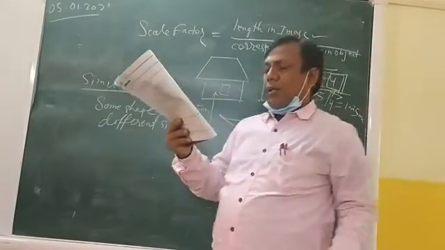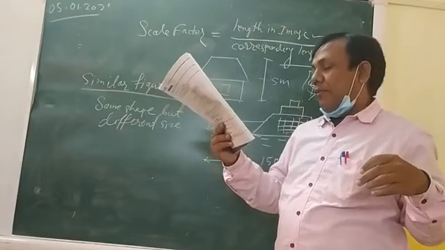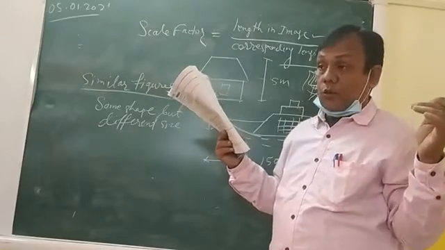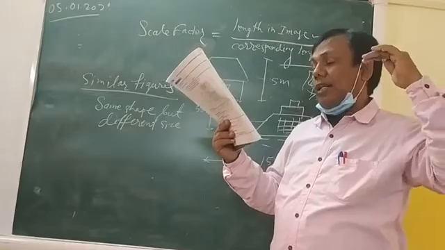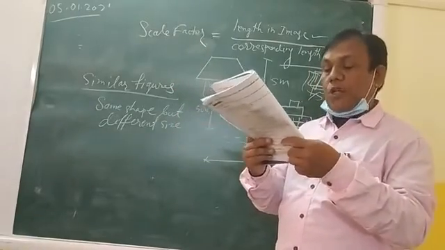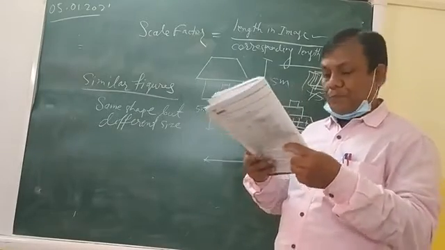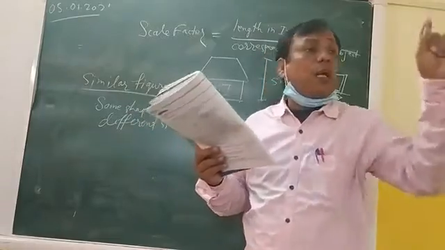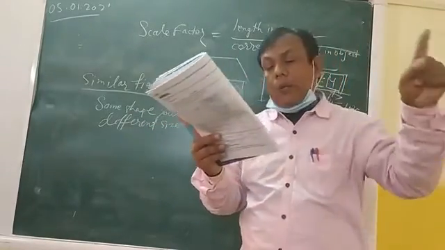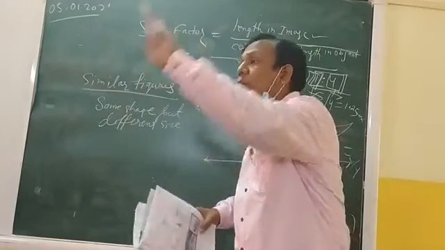See, this question is based on your sense also, on the ability of thinking and the base of your study of your NCERT math book. The question is what will affect the similarity of any two polygons?